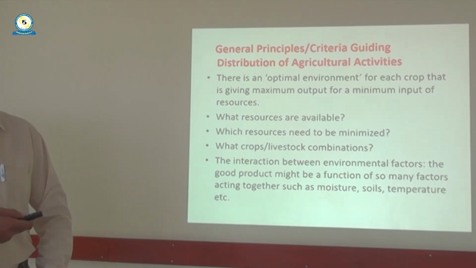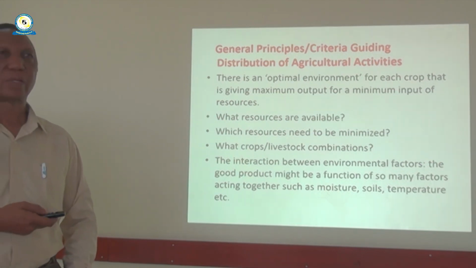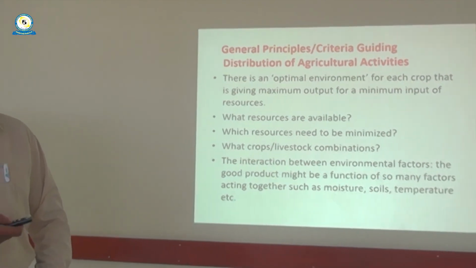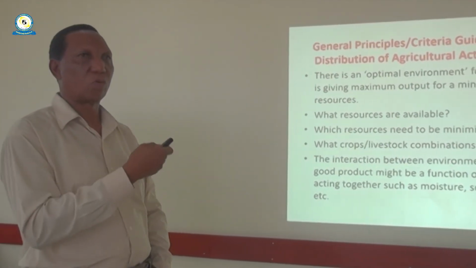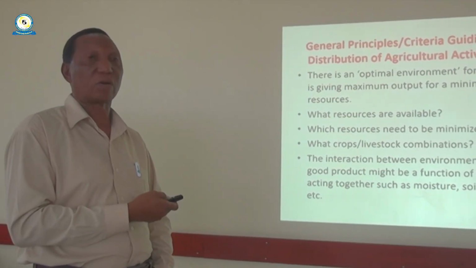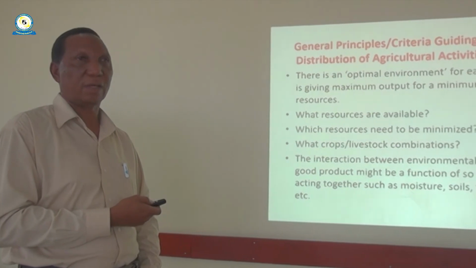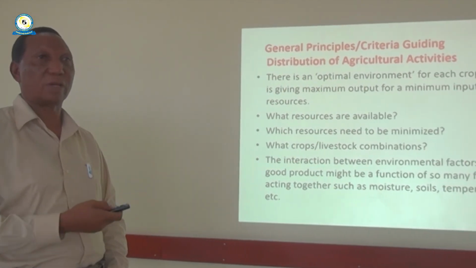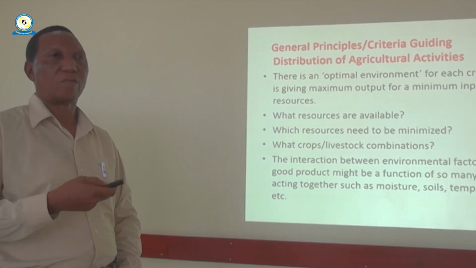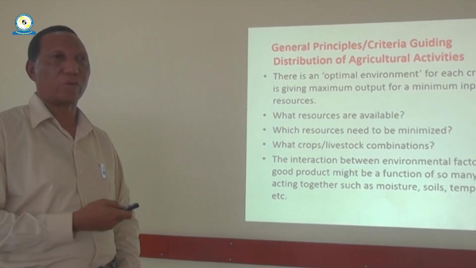That's, as I said before, what we call determinant factors. A human being can decide what to grow and what not to grow. These are dominant determinants. They are not environmental, but they come from the decision of the man or people or community.